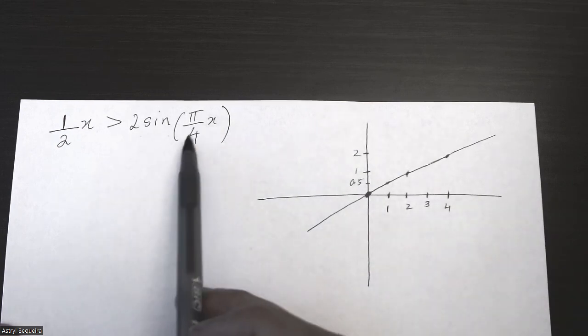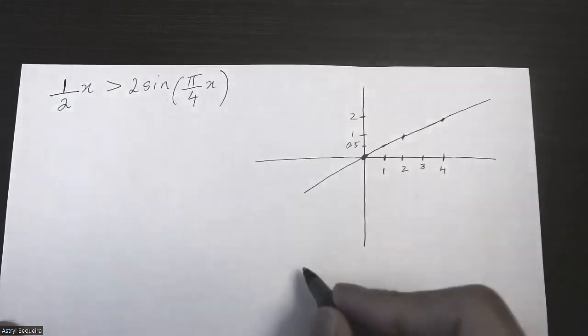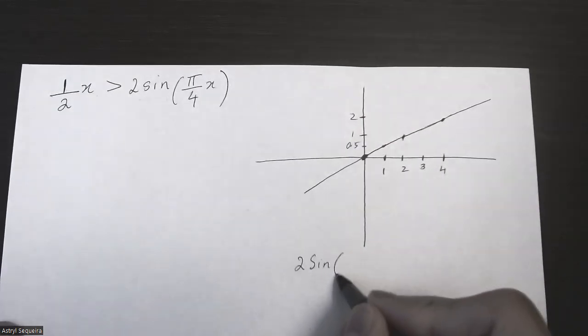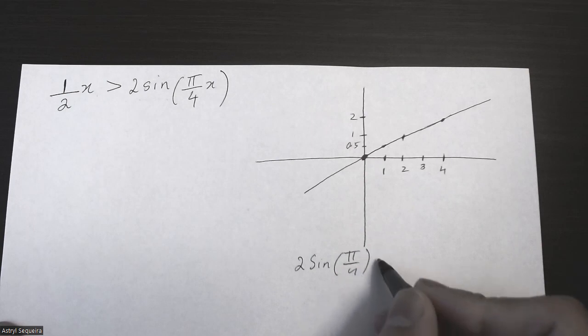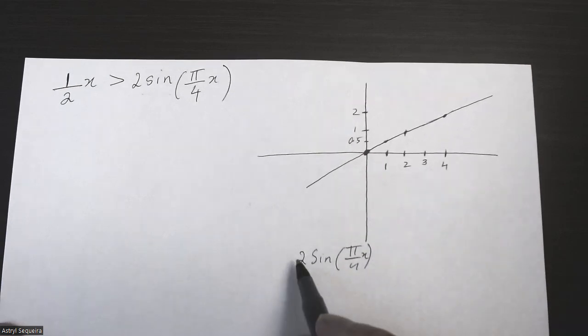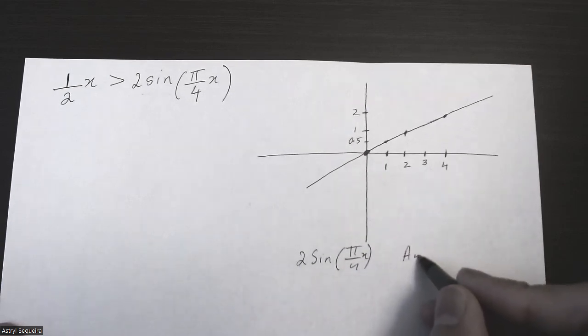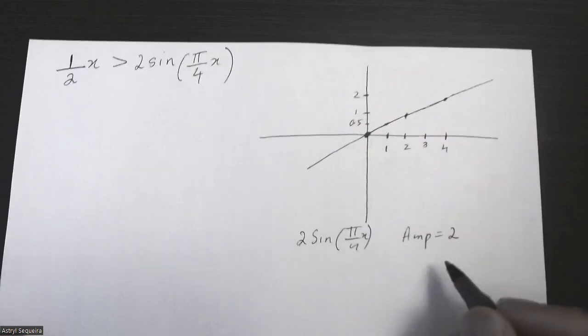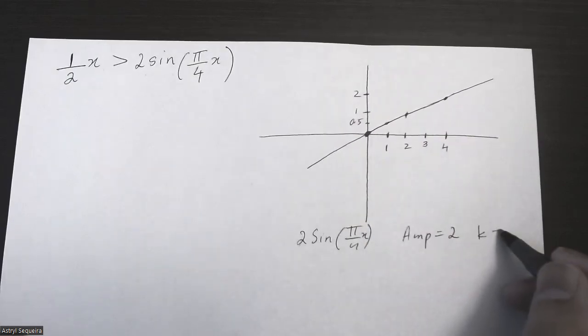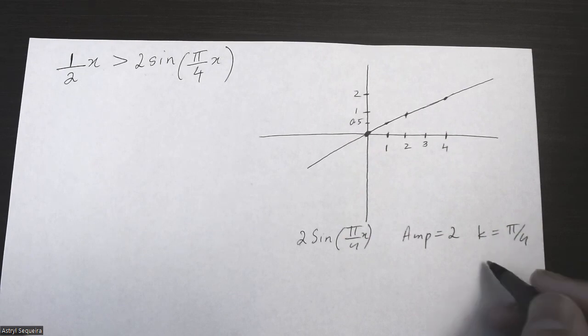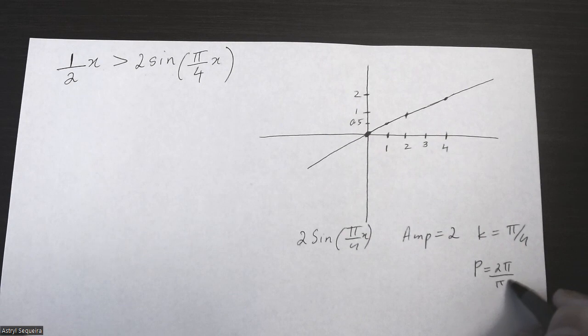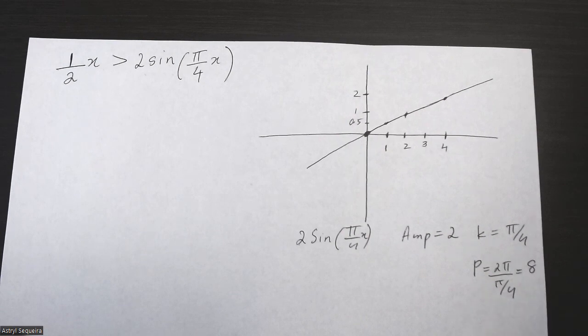For 2 sine pi over 4x, my amplitude is 2. My k value is pi over 4, which means that my period is 2 pi divided by pi over 4, which is 8.